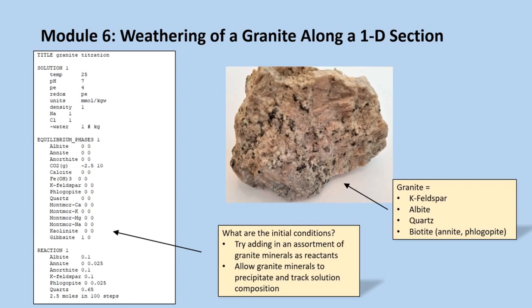So one approach that I've used is to employ a reaction block to simply throw in a bunch of possible mineral phases into what starts out as a very simple dilute sodium chloride water. As more and more reactants are added, a large set of posited granite mineral phases and possible weathering products are allowed to react with the resultant water, precipitating and in some cases redissolving again.